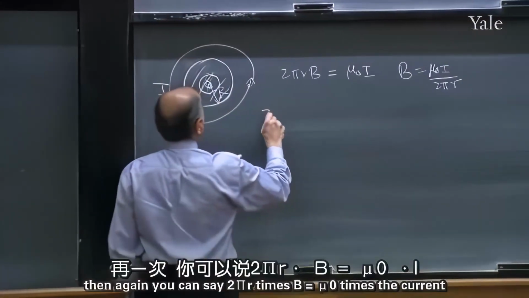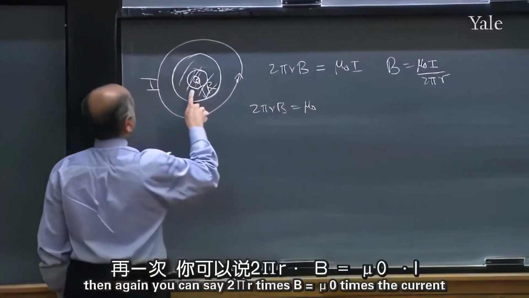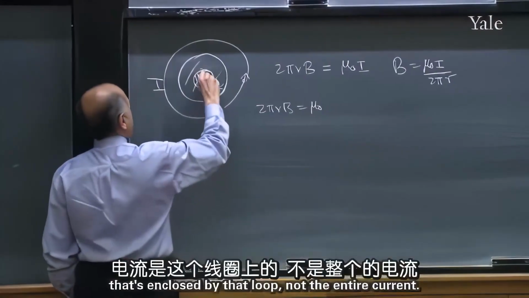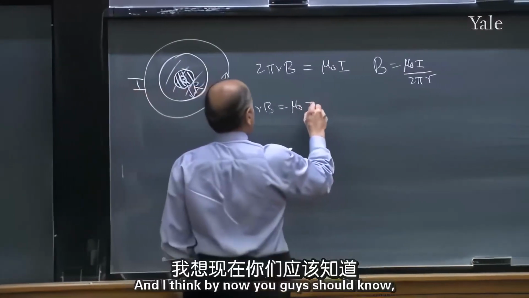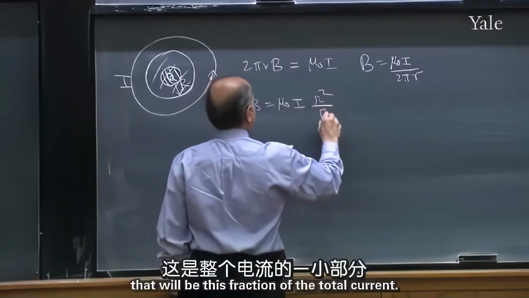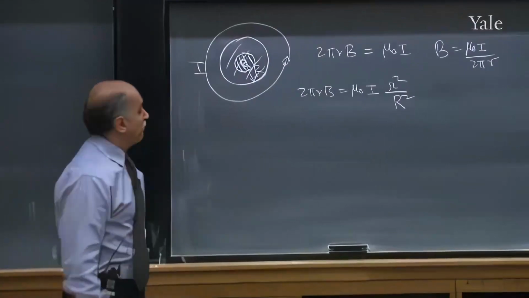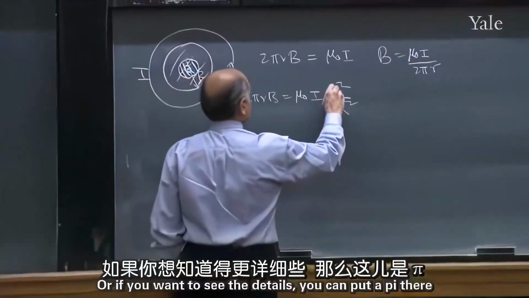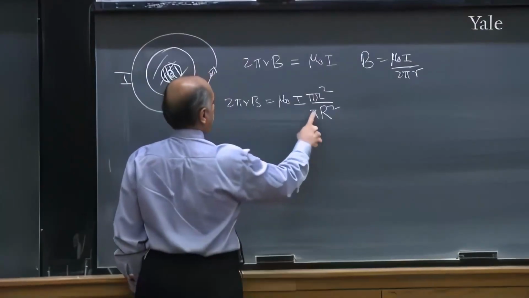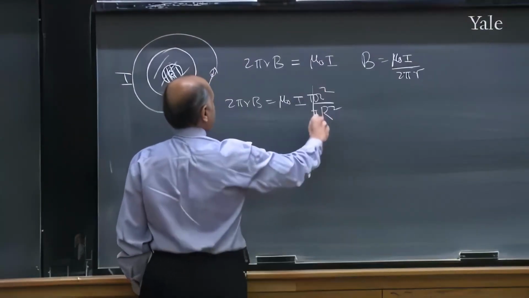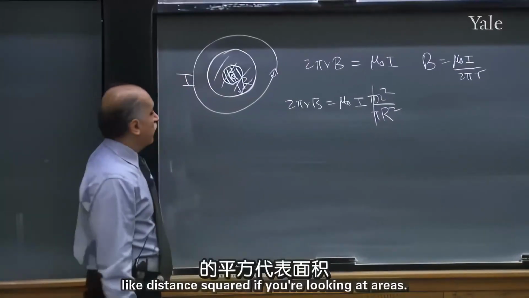Then again you can say 2 pi r times B is equal to mu 0 times the current that's enclosed by that loop, not the entire current. And by now you should know that will be this fraction of the total current. Or if you want to see the details, you can put a pi here and a pi there. I over pi R squared is the current density, and pi r squared is the area of this loop. But by now, you should know that things scale like distance squared if you're looking at areas.